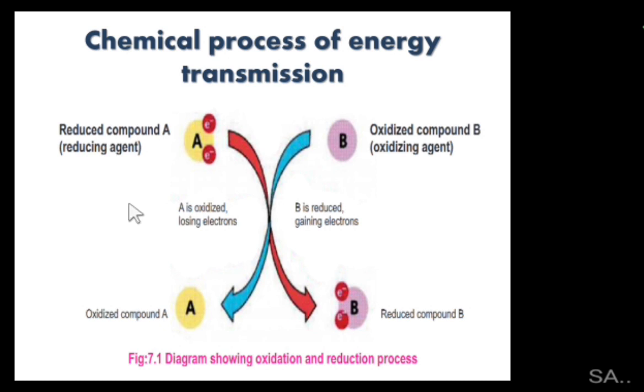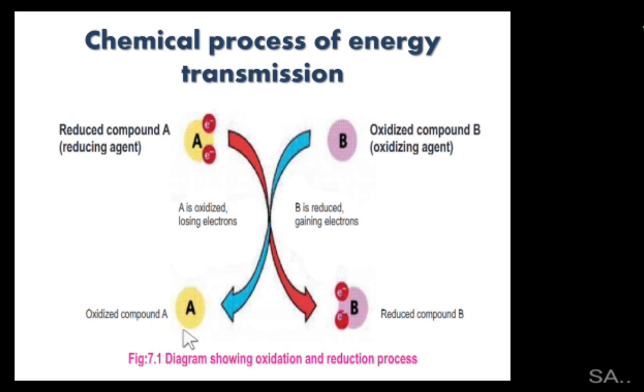If we look at this diagram, it is showing the oxidation and reduction process. You will get the idea clearly. Here is a compound, reduced compound A, and this has electrons. When oxygen is added, it will be oxidized by losing electrons. So you can see this compound A is now oxidized after losing its electrons.